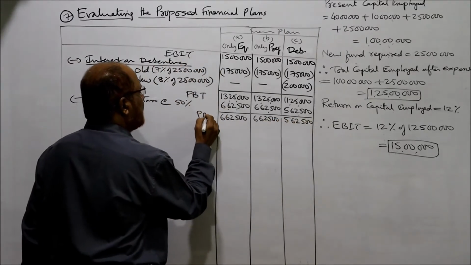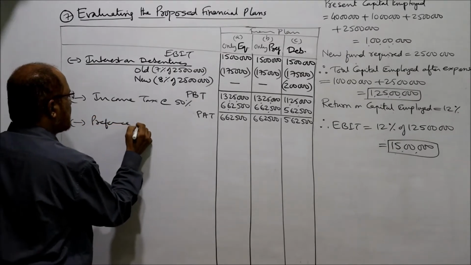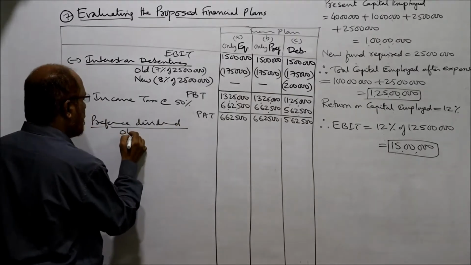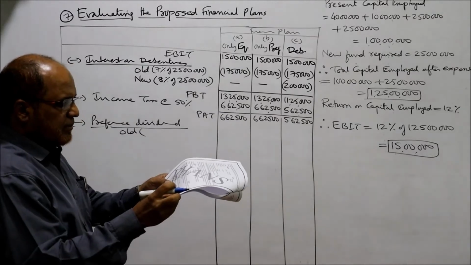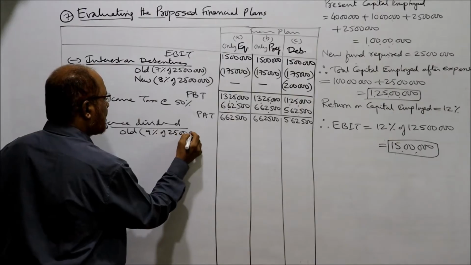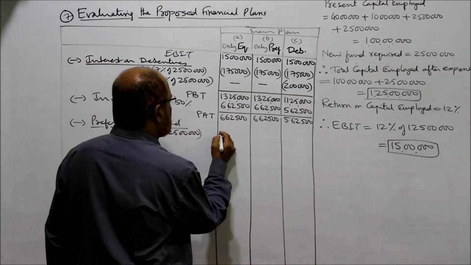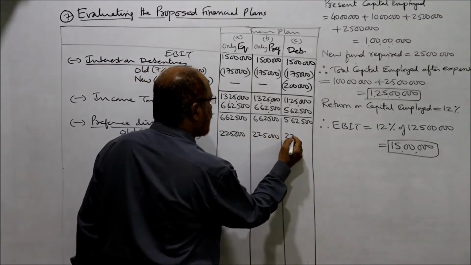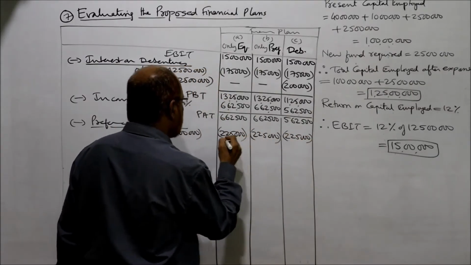This is the PAT. Less preference dividend. Again we have preference dividend old. In the existing balance sheet, the preference share capital is 9% of 25 lakh, which comes to 2,25,000. Put it in brackets because we have to subtract.